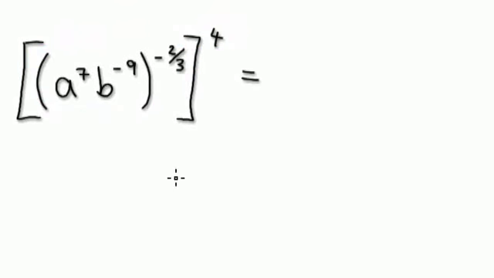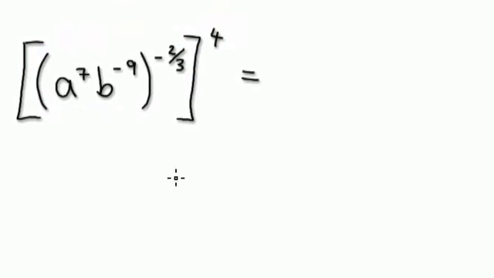Okay, let's try and just do what's inside here first. So let's just take this down. So to the power of 4 there. So now it's just this times this. So that will be a to the minus, because you've got a 7 times a minus number.